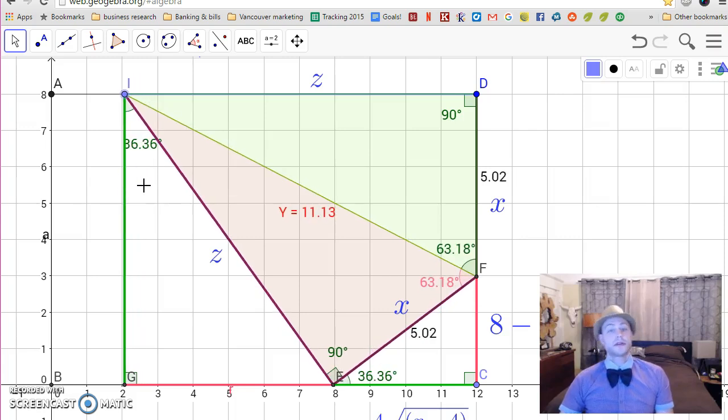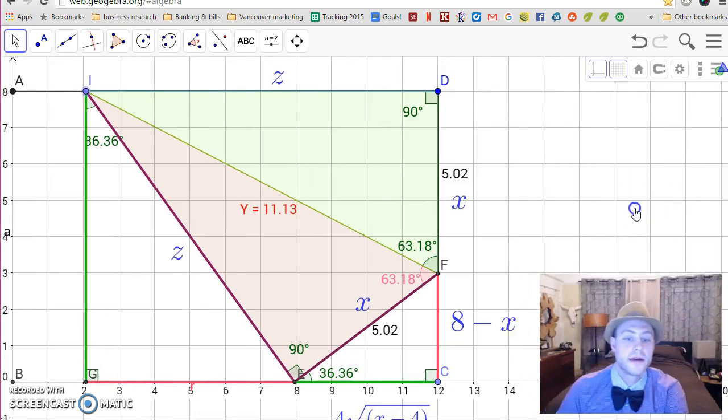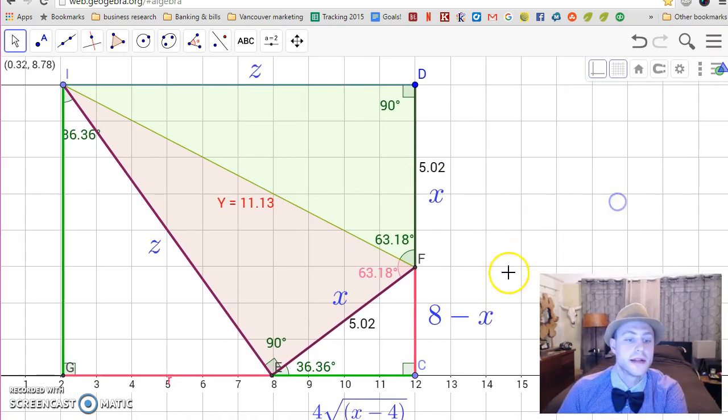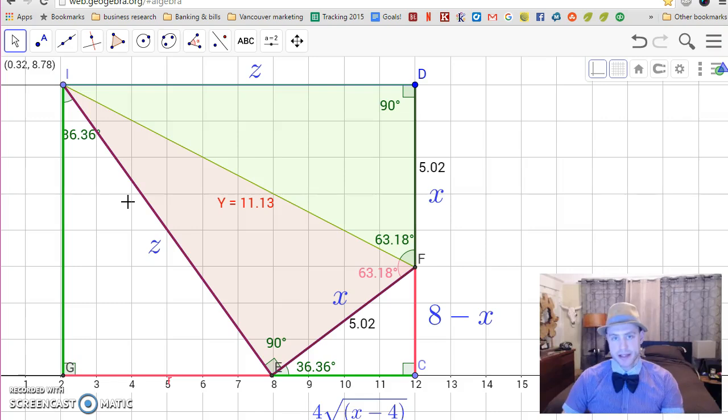Okay, now we're going to use triangles. All right, let's look at this triangle here and this one. These ones, they're similar. Similar meaning one is a scale model of the other one. Whenever you hear the word similar in math, you can think of it as an exact scale model.